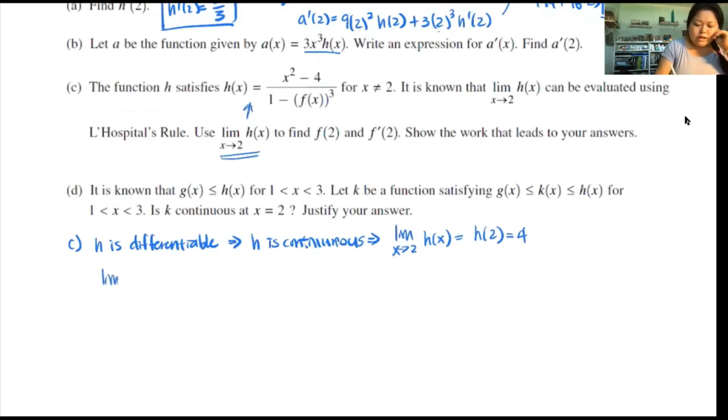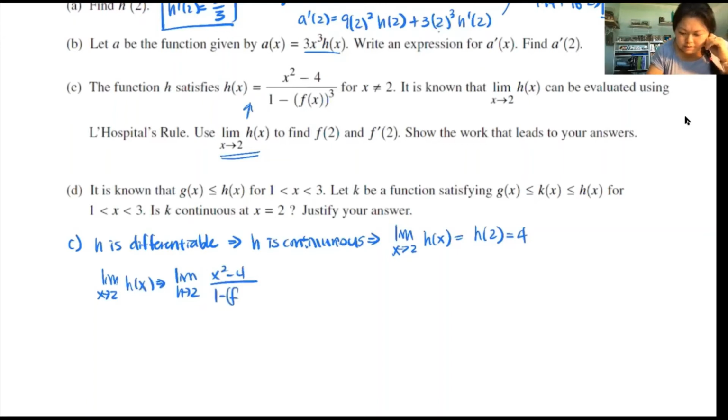So the limit as x approaches 2 of h of x is the limit as x approaches 2 of (x squared minus 4) over (1 minus f of x cubed), right? So from what we defined here, this limit is equal to 4.